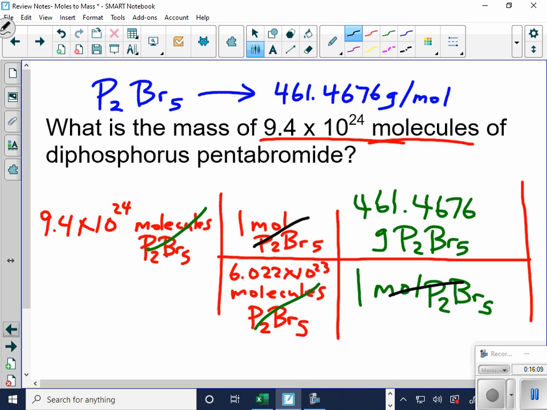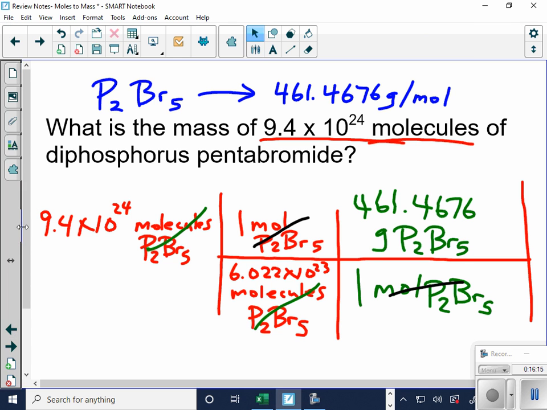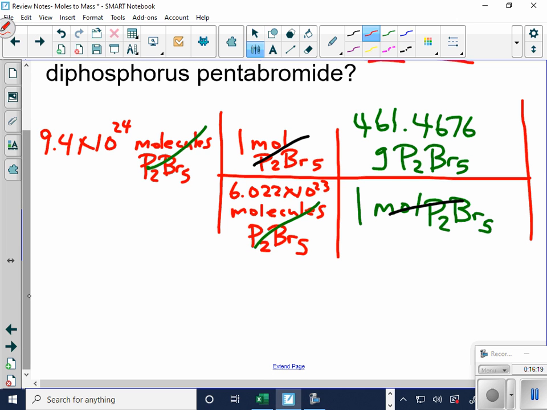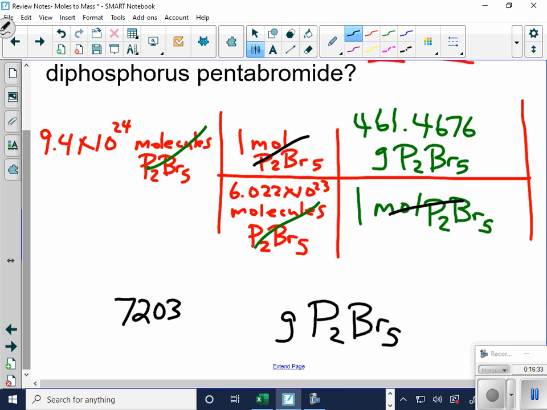When I divide that out, I get a number, and I'm just going to write out my number, and my label is going to be grams of P2Br5. As I write out my number, I get 7203.24716.